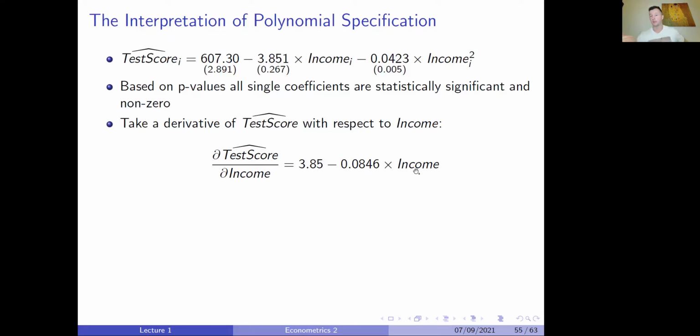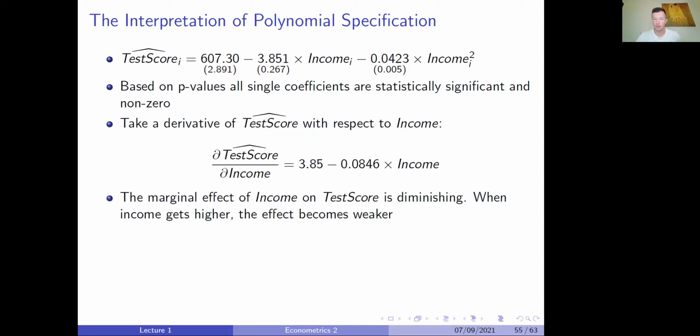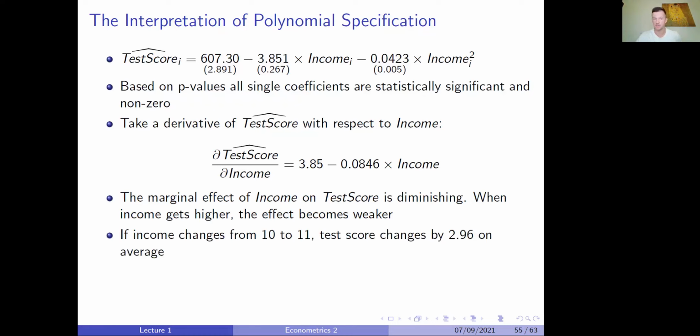And the higher the income is, the less the impact of income on the test score. So let's see how it works. The marginal effect of income on test score is diminishing. When income gets higher, the effect becomes weaker.